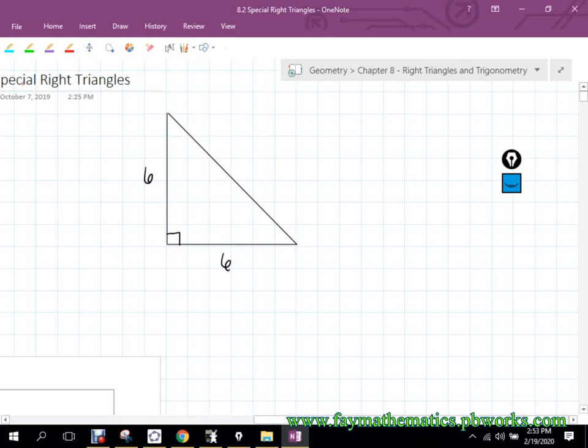Okay? Give me some names for that triangle real quick. Give me a way that you would classify or identify it based on the features that I just gave you. Say again? It's a right triangle. And it's isosceles. So we call this a right isosceles triangle. Okay?